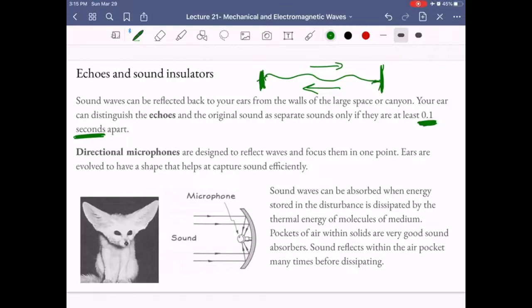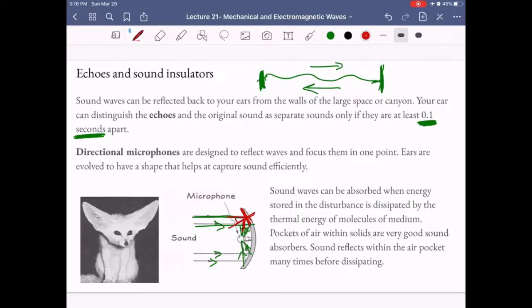One more thing I want to mention is directional microphones. Some microphones use this reflection of sound waves to direct all of those waves into one spot where they are received or detected. Keep in mind that at each point the law of reflection is obeyed, because if you draw a normal to the surface, this is the incident ray and this is the reflected wave.